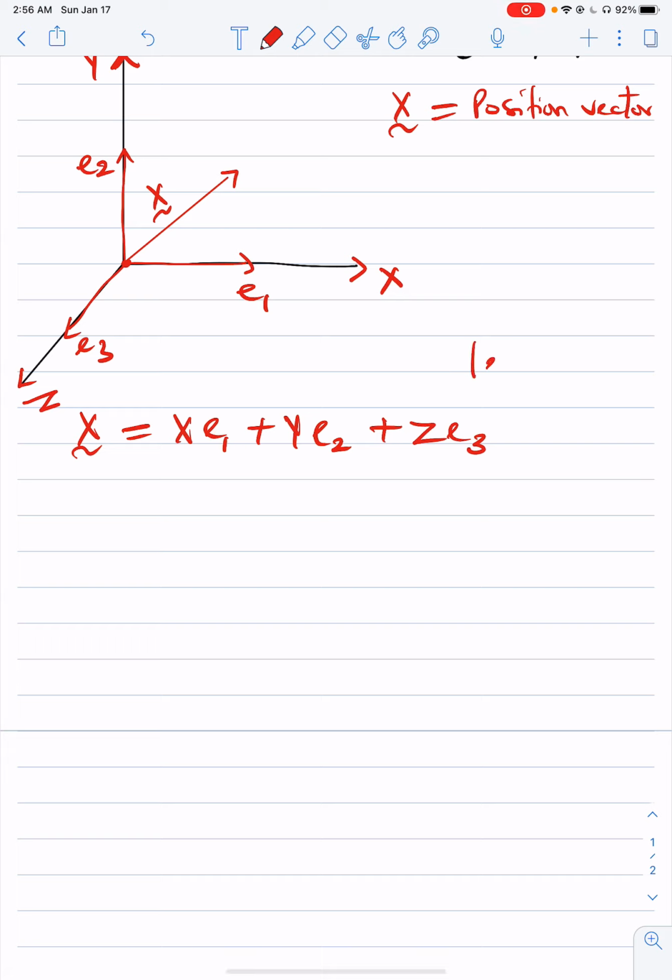Of course, the vectors e_i are all unit vectors, so the magnitude is 1. And this coordinate system we've just drawn here is the right-hand orthogonal system. I hope that clears up any discrepancies.